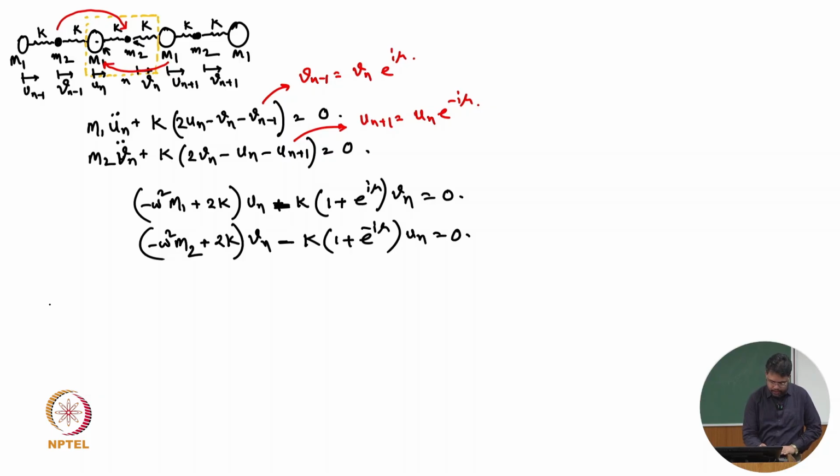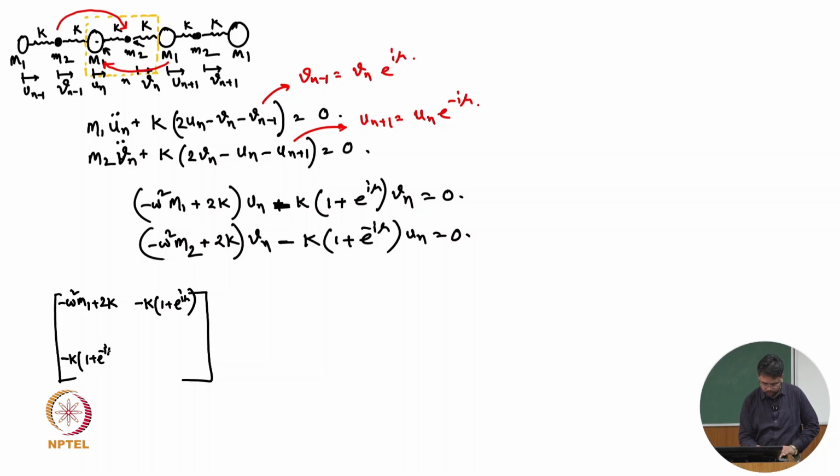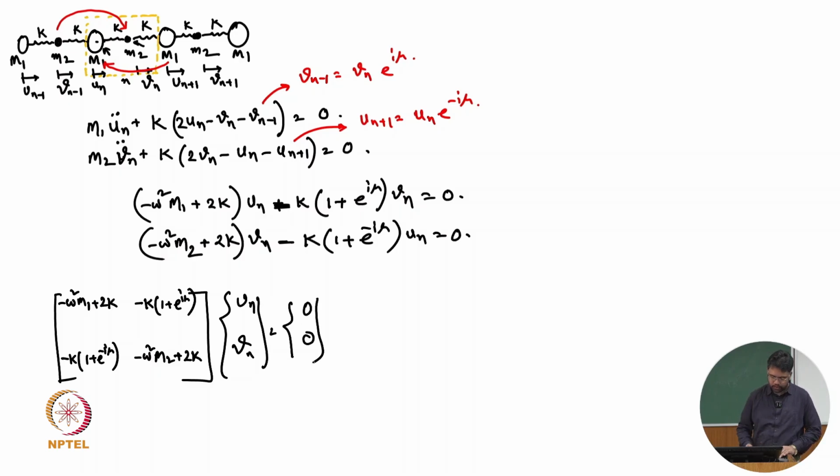So now from here, what can I do? We can write the equation of motion in matrix form. Okay, we can write it in this form.